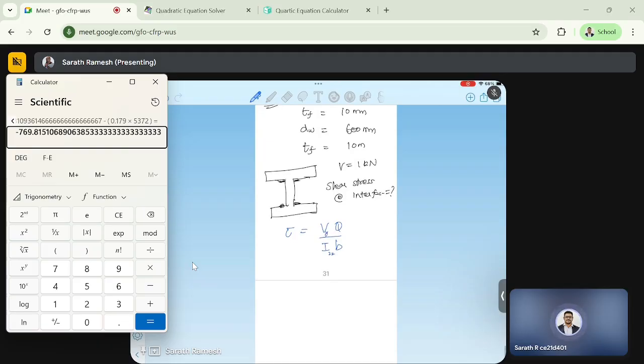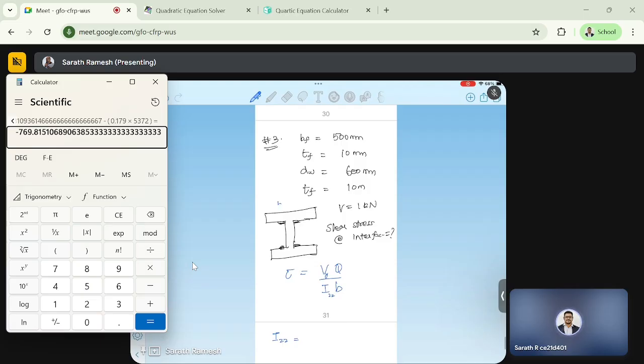Here Vy is straightforward. Izz alone we have to find. So this is 500, this is 10, this is tf, 10, and this is 600, right?